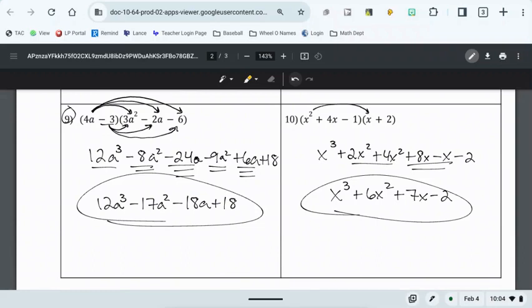We go through first term times first term times second term. Then we do second term times first term, second term times second term. Then we go to third term times first term and third term times second term. So it's still that same pattern. We just extend it one more time through. And we end up with x to the third plus 6x squared plus 7x minus 2.